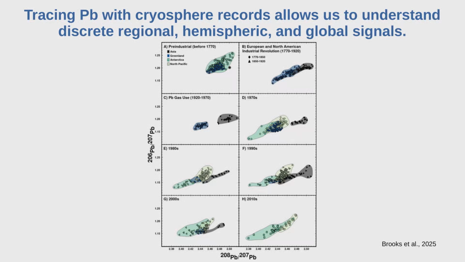All the data is color-coded based on the region of the world that it came from, and you can see that while most of the regions cluster really tightly in the pre-industrial time frame, so before 1770, by the time we get to the modern age, we can see distinct lead isotope signatures for each of these regions globally.